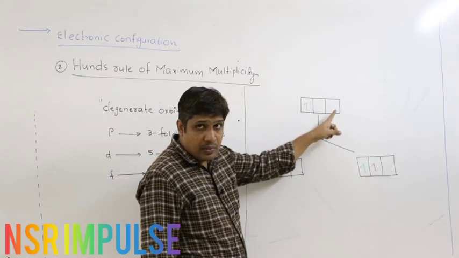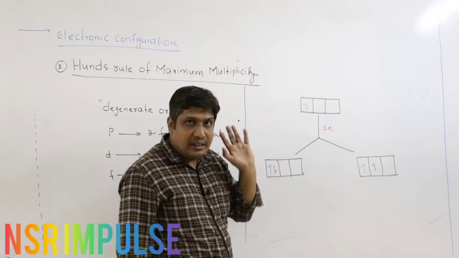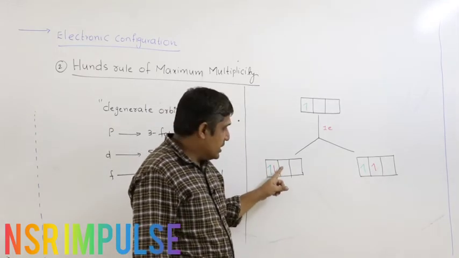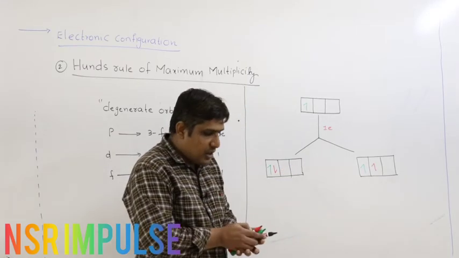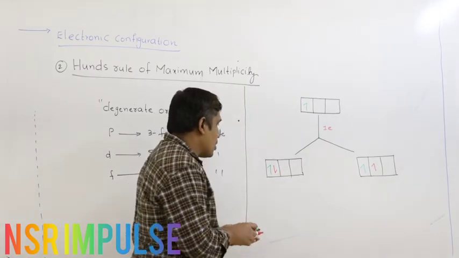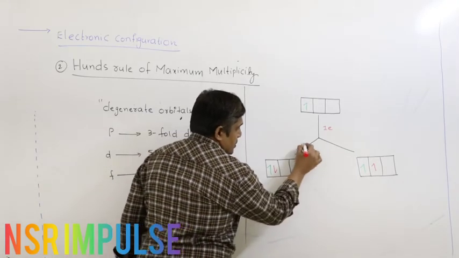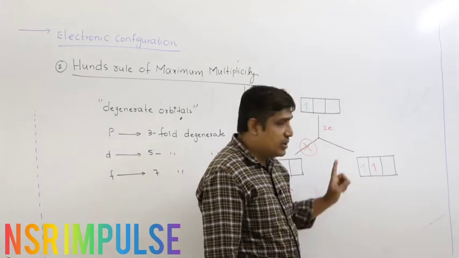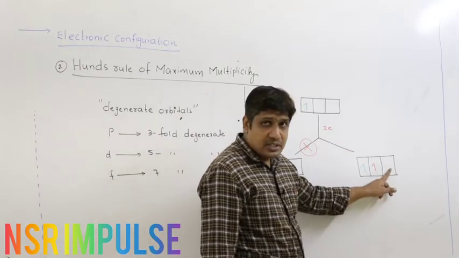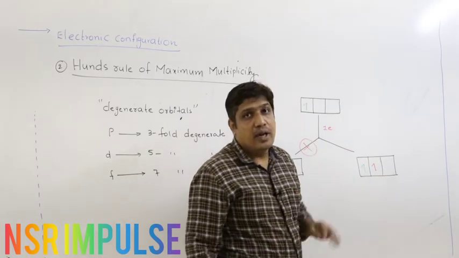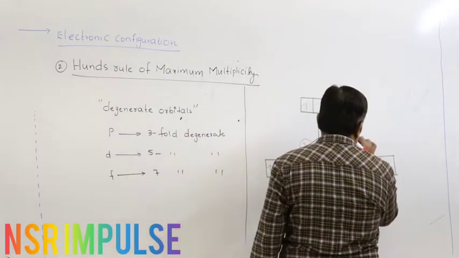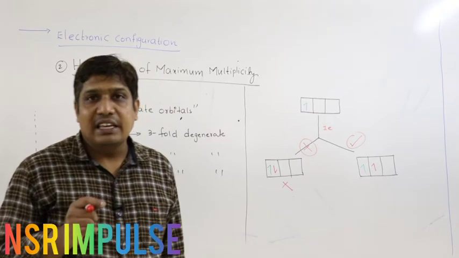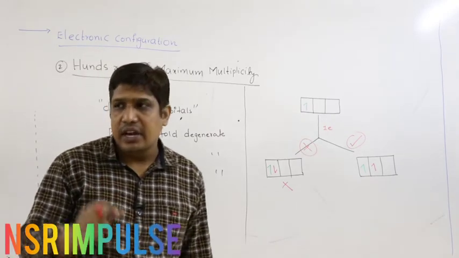We have three degenerate orbitals, so here pairing is taking place before each orbital is getting an electron, which is not correct. This is wrong. The second electron has to go into the adjacent p orbital, and the third electron has to go into the next orbital. Then only you can talk about pairing. So this is correct: pairing in degenerate orbitals can take place only after each degenerate orbital is half filled.